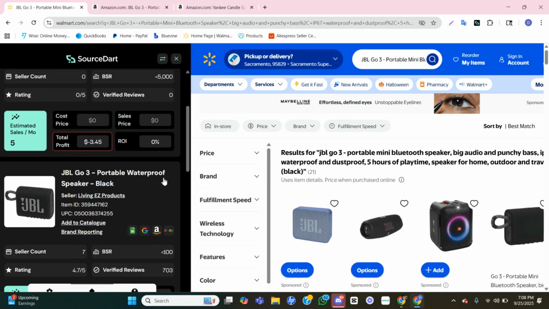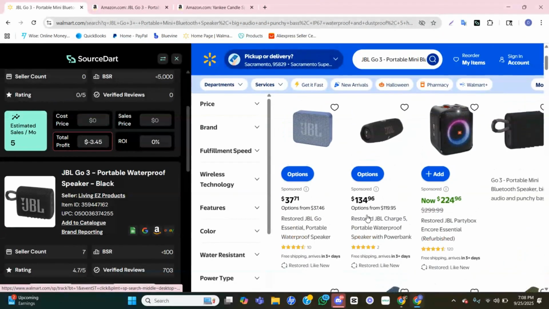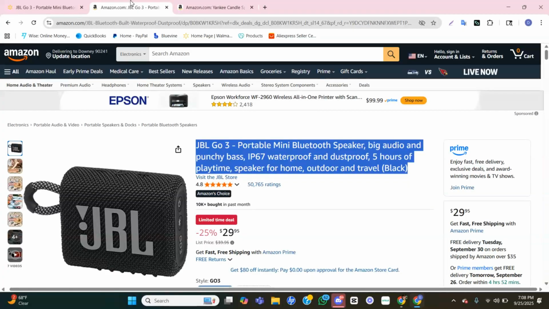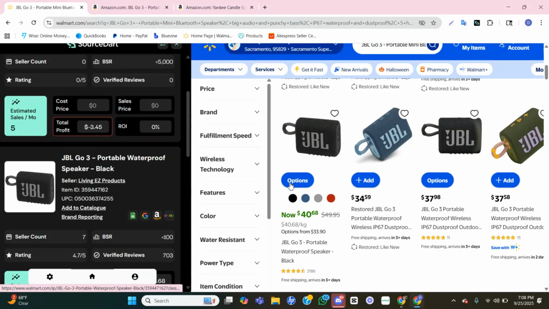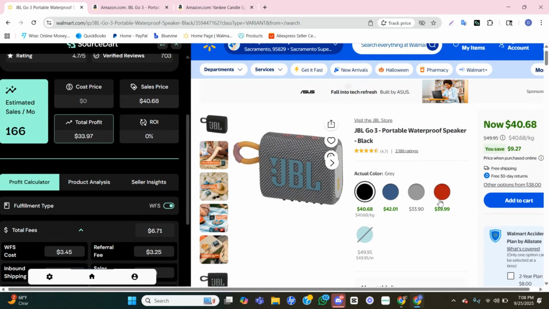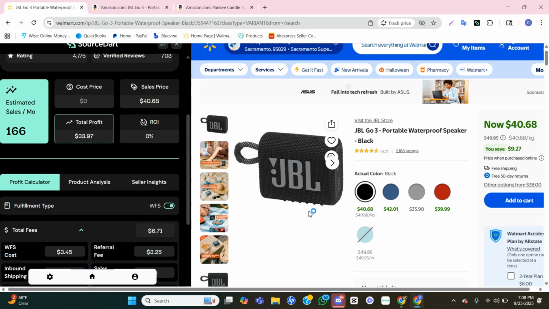The total profit is 3.45. Let me see here. Actually, I think this is the one we are looking for. This one is $40. This is black, and they're selling this for 40.68.